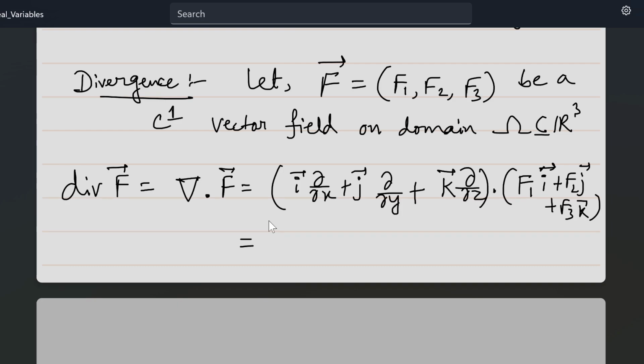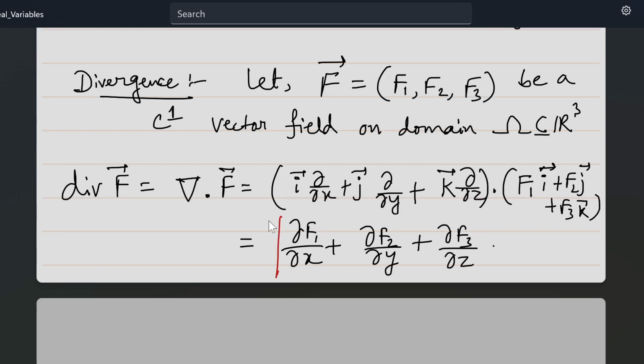So i dot i is 1, so I will write del f1 del x plus del f2 del y plus del f3 del z. This term is called divergence of f, where f is this vector f1, f2, f3.